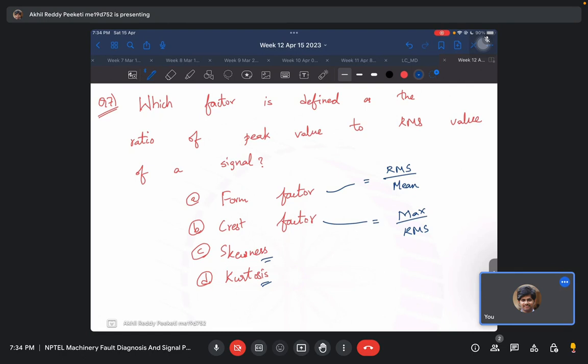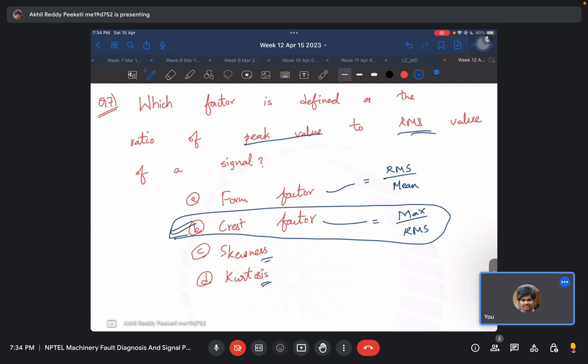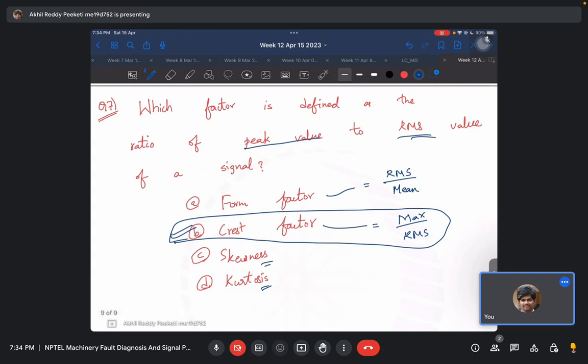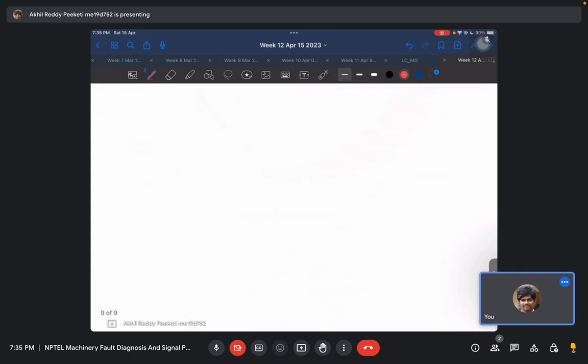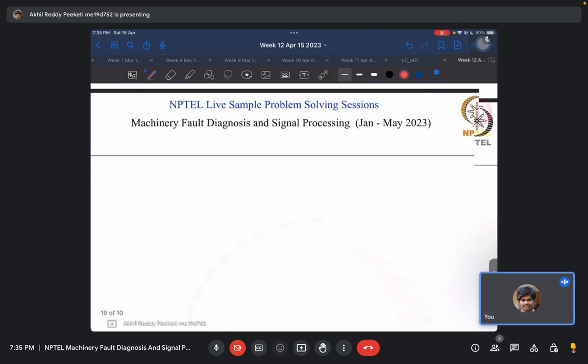You can estimate them. So the ratio of peak value to RMS value is crest factor. Okay, maximum to RMS. Okay, let's move to the next question.